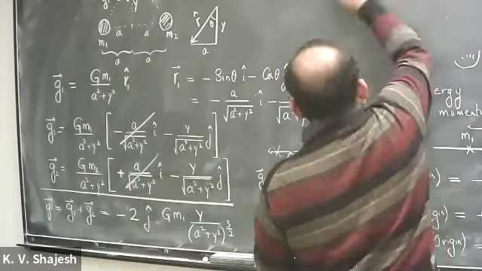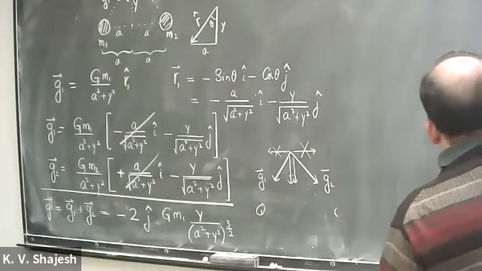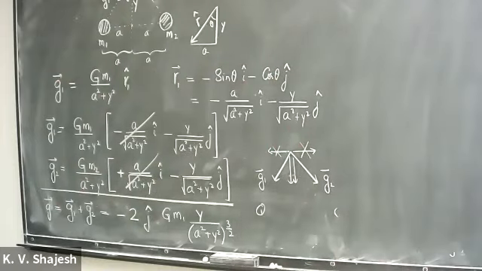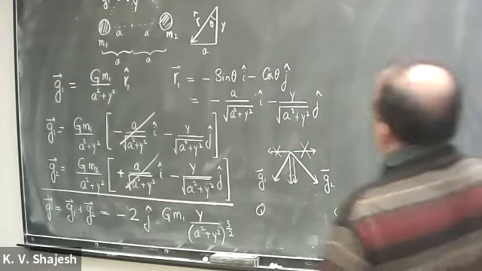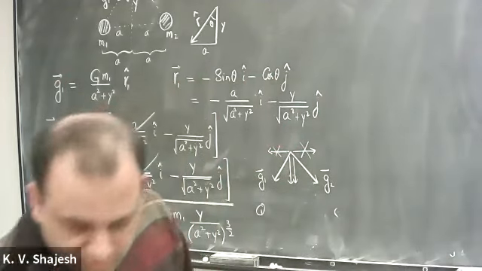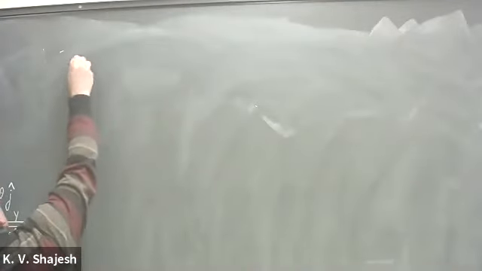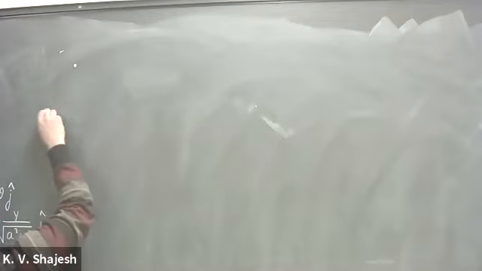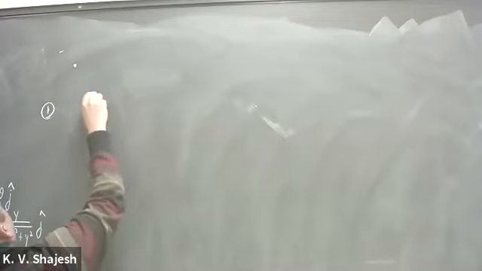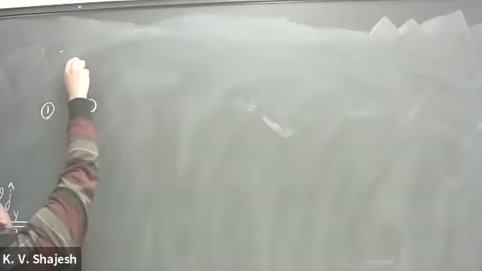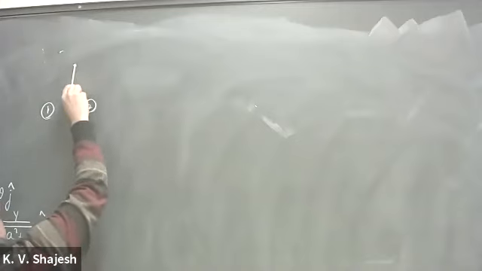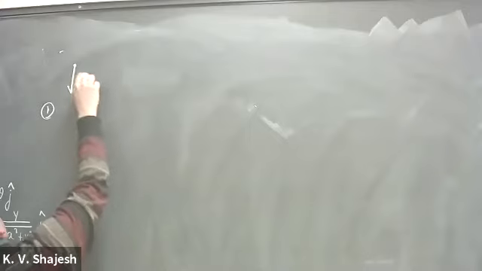So if I collect that in here, we have the observation point there, mass m1, mass m2. Effectively, the gravitational field is acting towards the center.